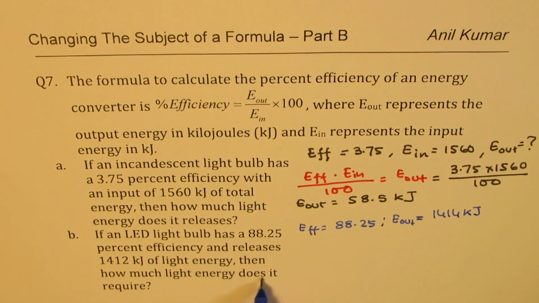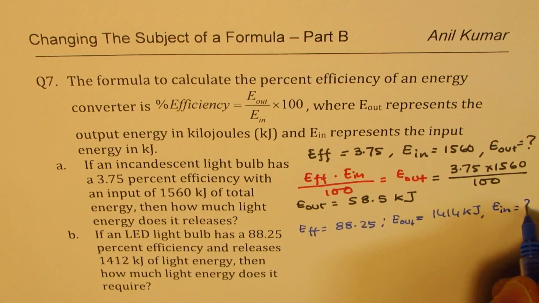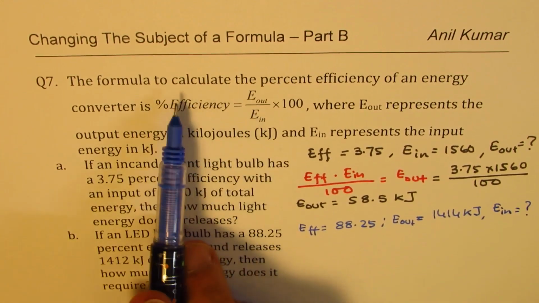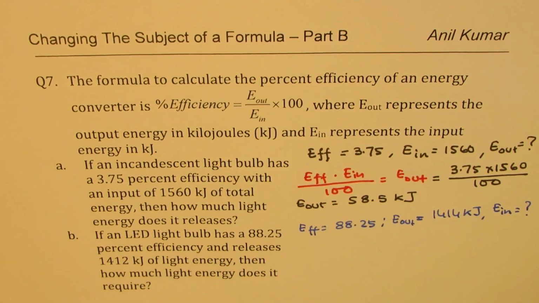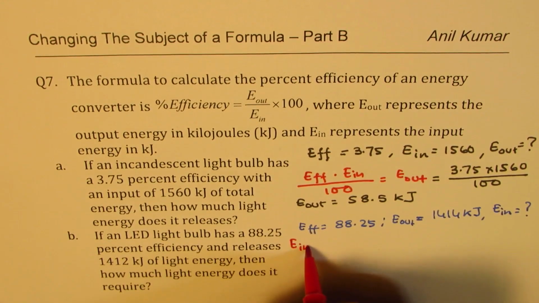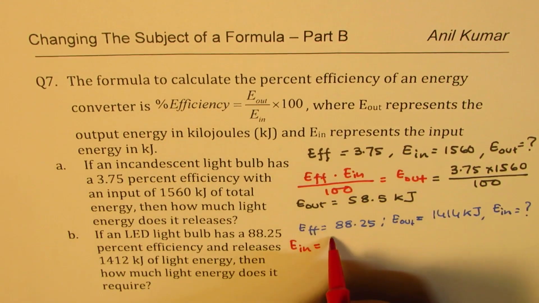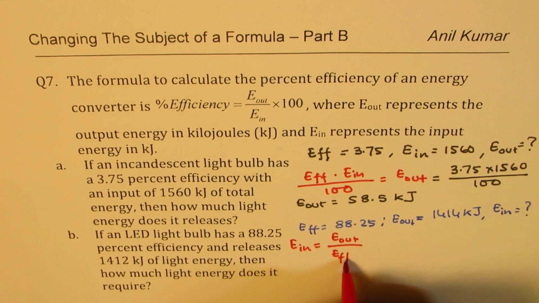Then how much energy does it require? This time we need to find the input energy. So to get the input, we'll rearrange again, cross multiply. So we get E input equals E output divided by efficiency times 100.